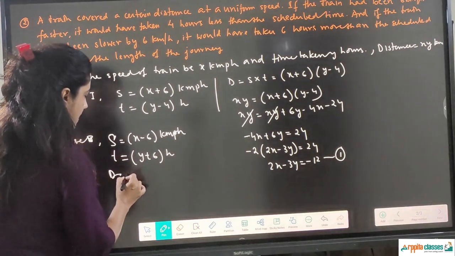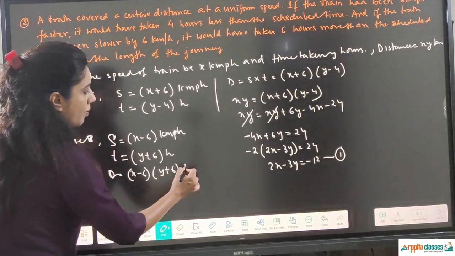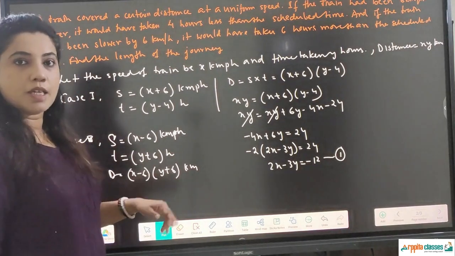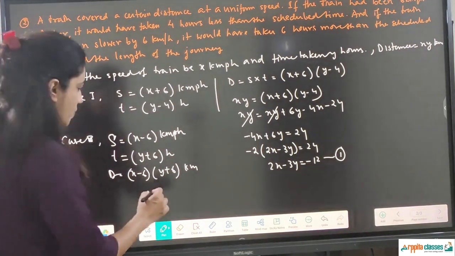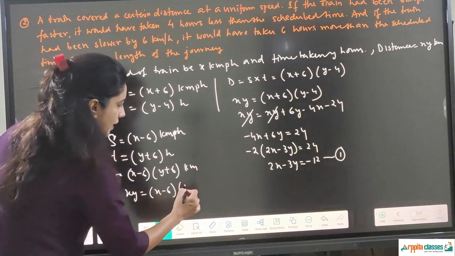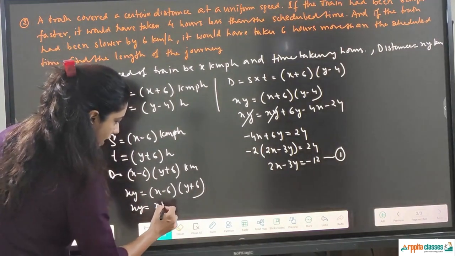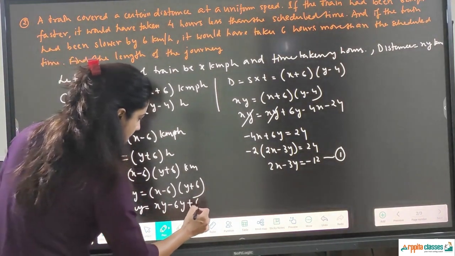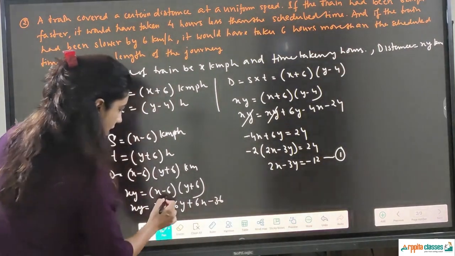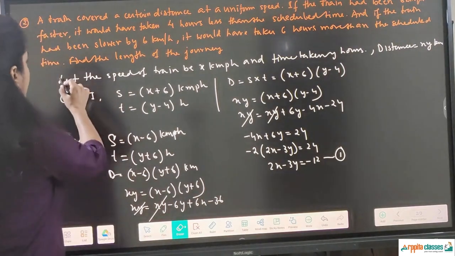And in this case, the distance will be x minus 6 into y plus 6 kilometer. Here also the distance will be same, equal to xy. So I'll make it xy is equal to x minus 6 into y plus 6. So from here xy is equal to xy minus 6y plus 6x minus 36. xy and xy get cancelled. Okay, I'll just write it here.